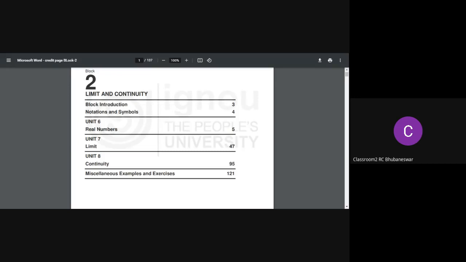Unit 6 contains the real numbers, Unit 7 contains the limit, and Unit 8 is all about continuity. Before we start Unit 6, 7 and 8, there are some notations and symbolic representations before we start with the real numbers.